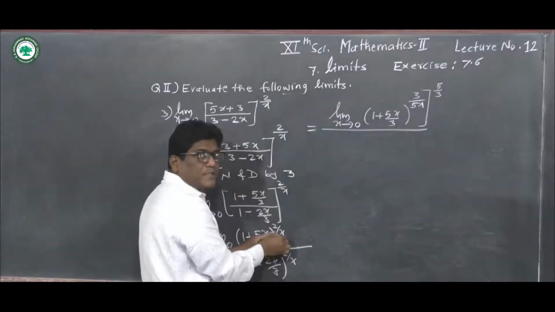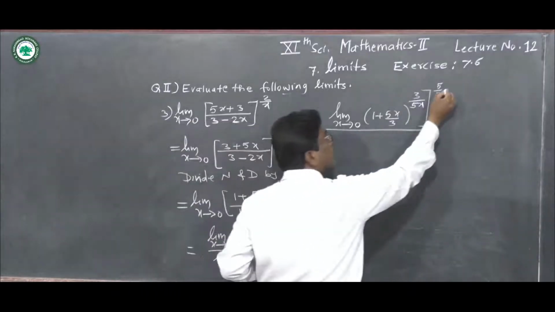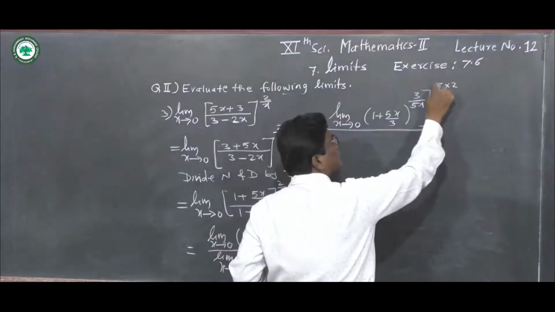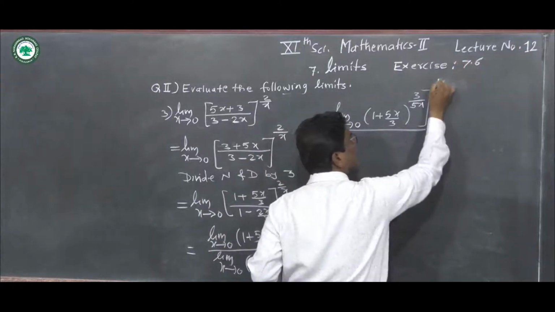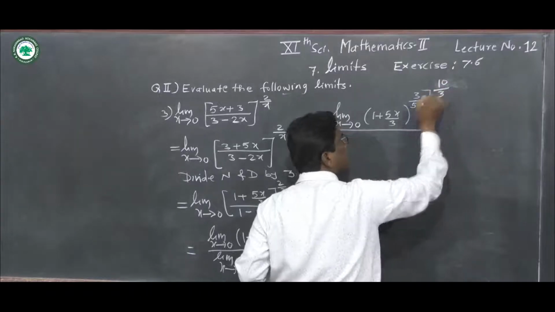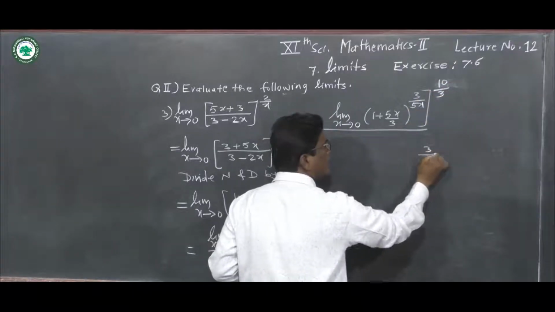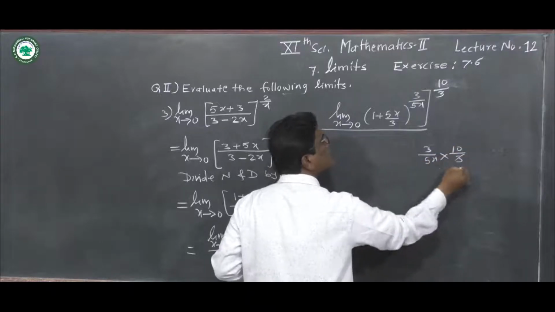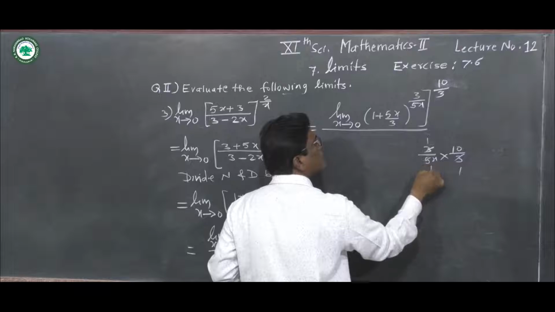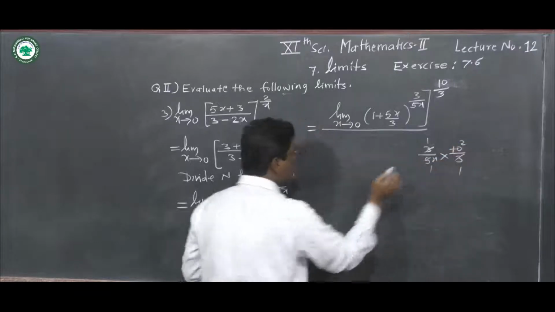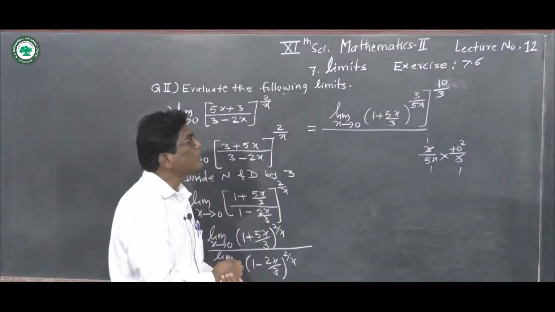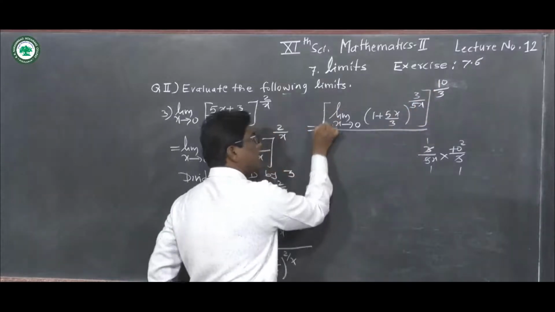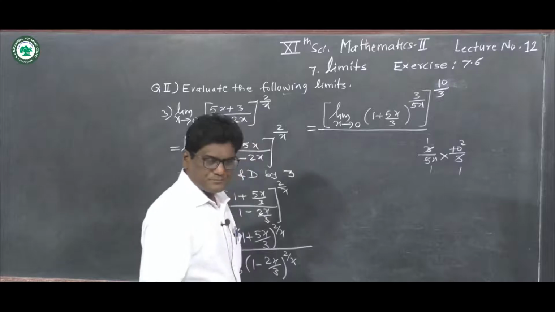But here it is 2 upon x, so we want 2. So 5 twos are 10, so we want 10 upon 3 here. See here, 3 upon 5x into 10 upon 3: 3 gets cancelled, 5 ones are 5, 5 twos are 10, so 2 upon x. The power here is 2 upon x, so we take 10 upon 3 in the square bracket like this.